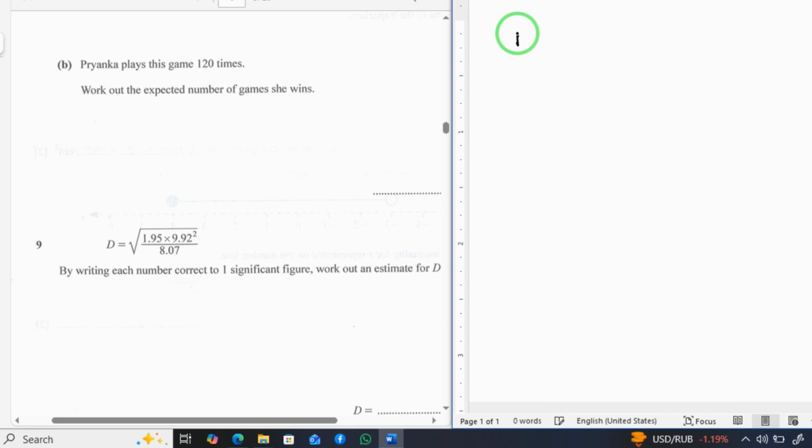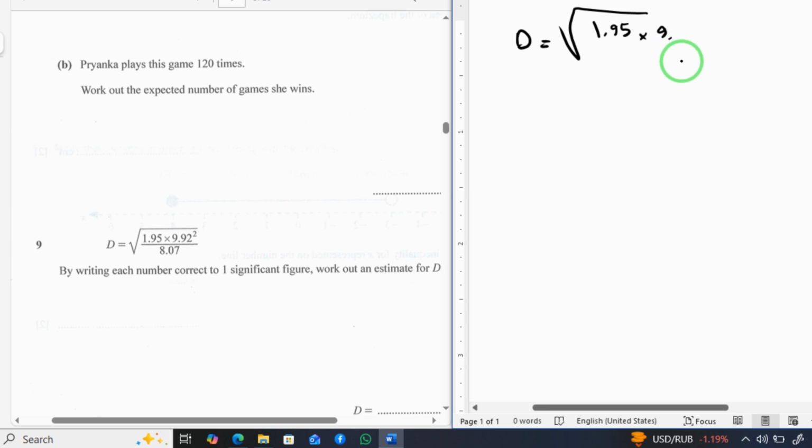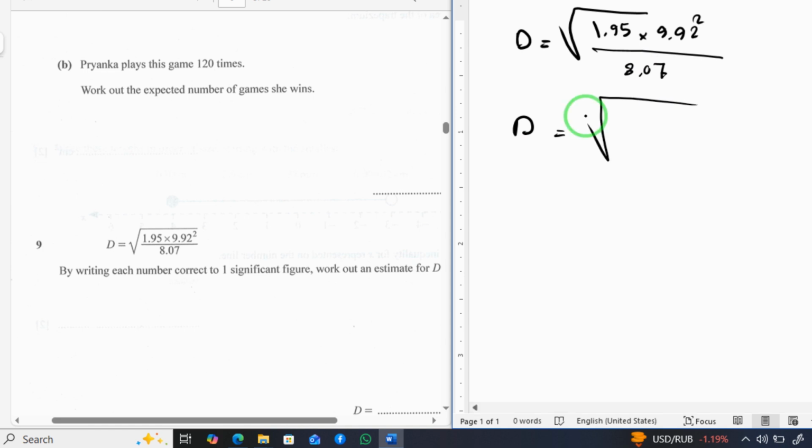So here we write D is equal to the square root of 1.95 multiplied by 9.2 squared, 992 squared over 8.0507.